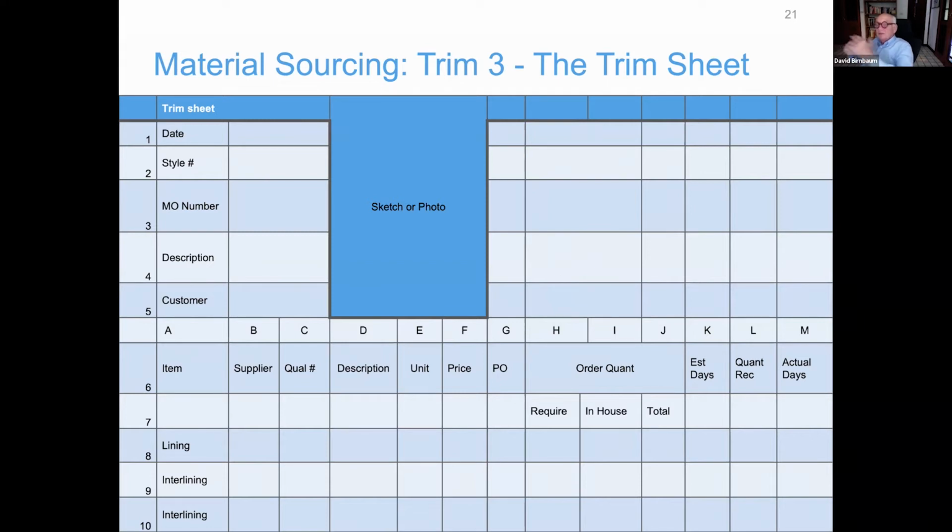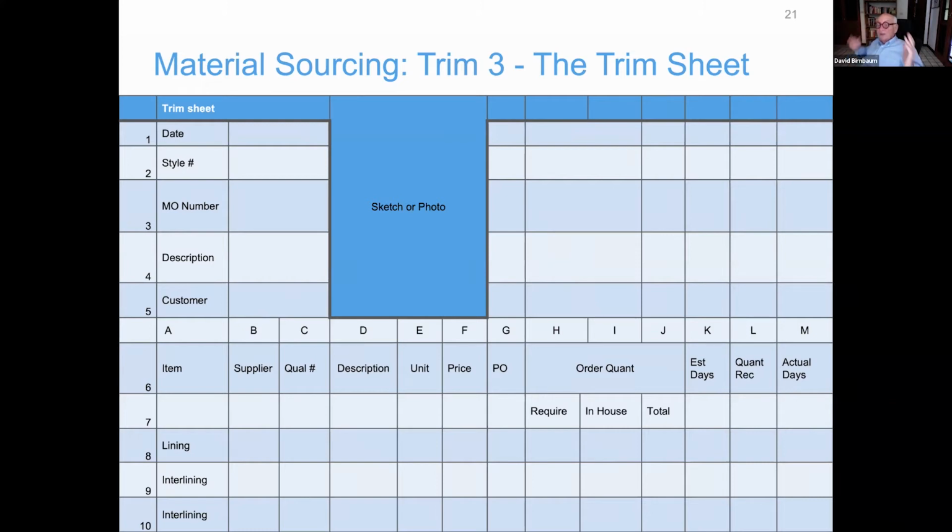Certainly if it's white thread or black thread, but even in special colors, you will see that you will be reordering the same color that you have in stock. So you want to know how much thread you need, how much you have in house, and how much you have to order. That you do when you receive the purchase. That's when you receive the order from the customer.